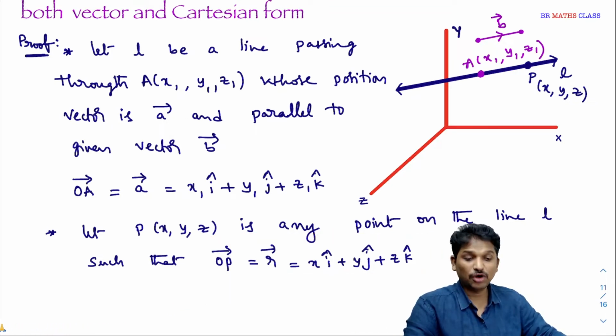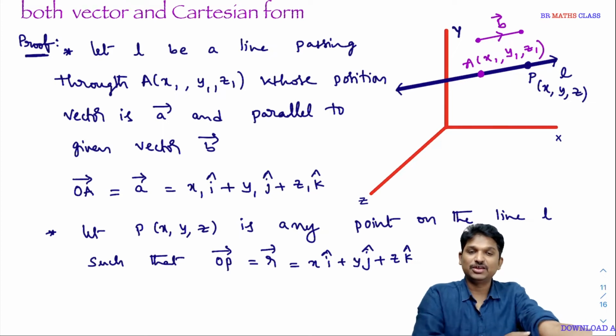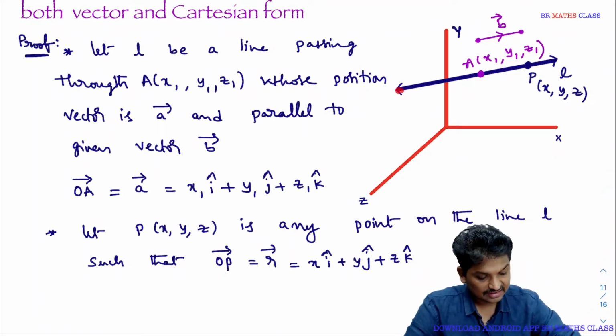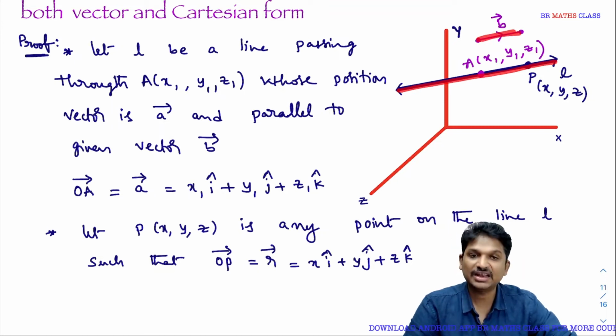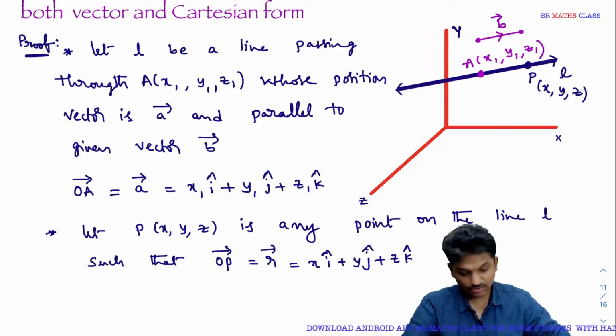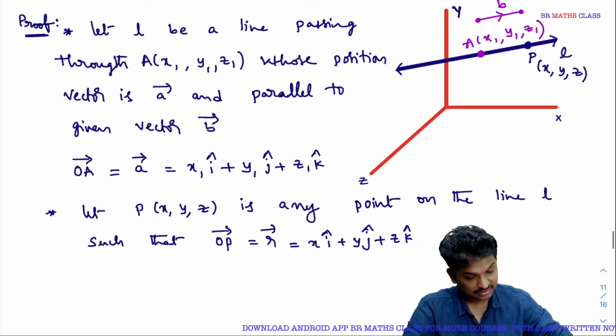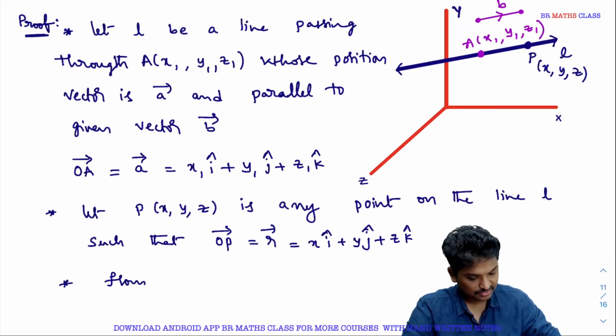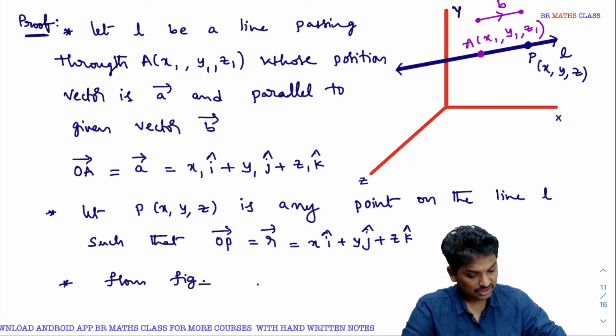What do we need to find? We need to find this line equation. For that, what is given? This line is parallel to this vector. I'll write that from the figure. From the figure, what we can understand is AP bar.